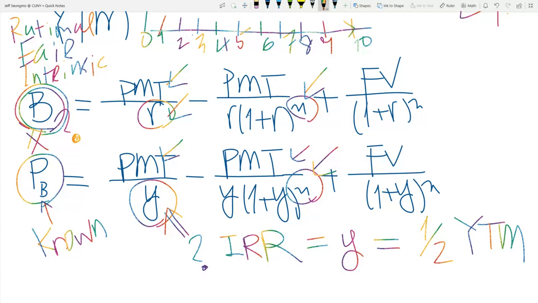But in the bond valuation formula, the bond is on a semi-annual cycle, so the discount rate is always the half-year rate. Make sense? So the internal rate of return is that half-year rate, right? So that's what yield to maturity is. Think about it.